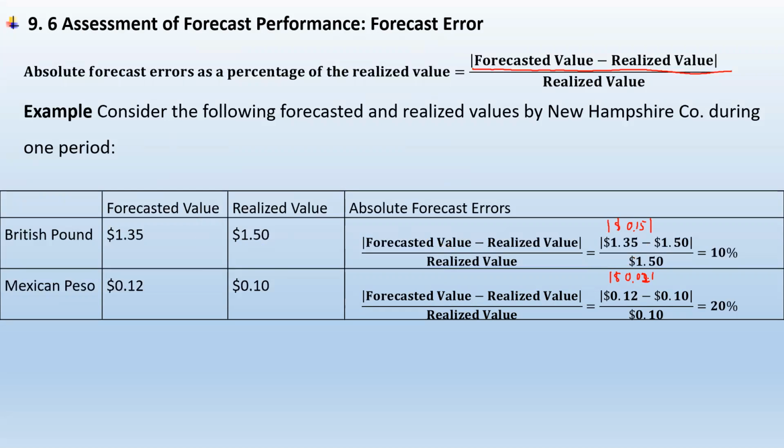But once we represent it as a percentage of realized value, we will realize that this smaller absolute value of Mexican peso is because the exchange rate for Mexican peso itself is smaller. This just tries to illustrate why representing absolute forecast errors as a percentage of realized value is so important.